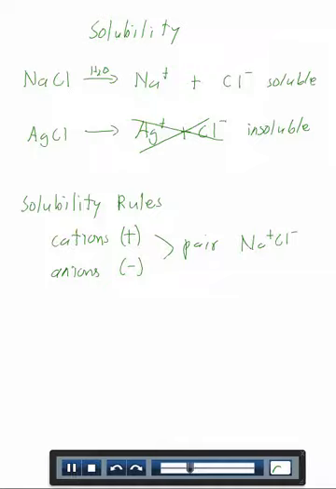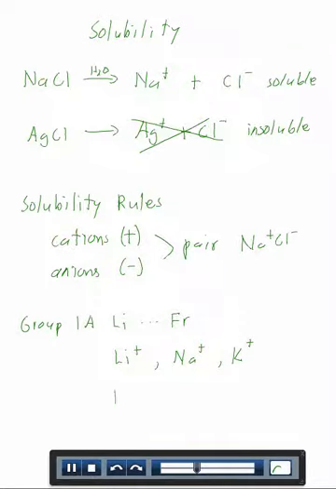Now, if you look at the periodic table, Group 1A, starting with lithium and going through francium, these atoms like to give up an electron, so they will have the same number of electrons as the noble gas, Group 8A.